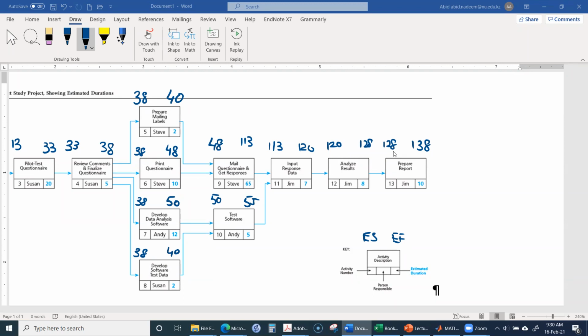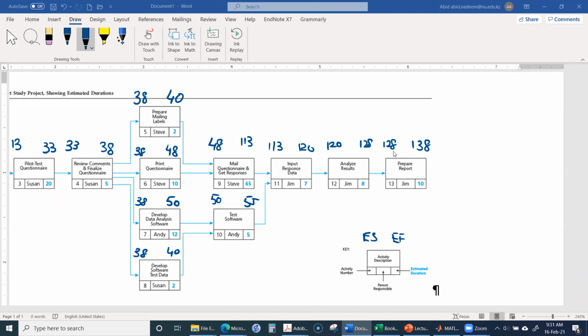The other thing we have found out is the earliest start and earliest finish time for each activity, that means the earliest any activity can be started and finished. But most importantly, we have found out that the project will take 138 days to complete.